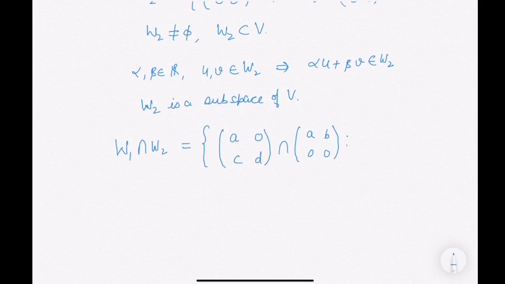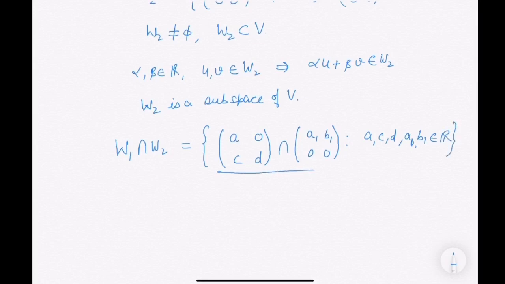Here we write A1, B1 because these two elements may be different from this A. So A, C, D, A1, B1 belong to R.